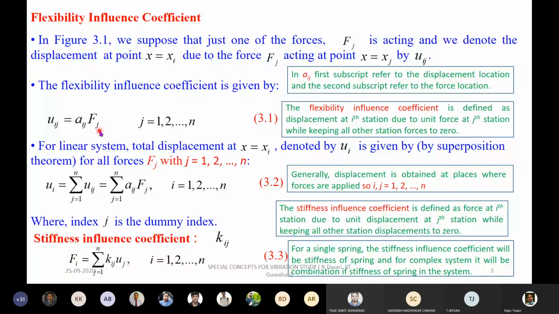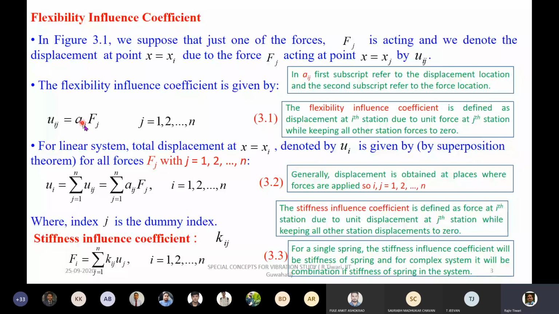Now, this particular aij is called the flexibility influence coefficient, and we can define it as follows.